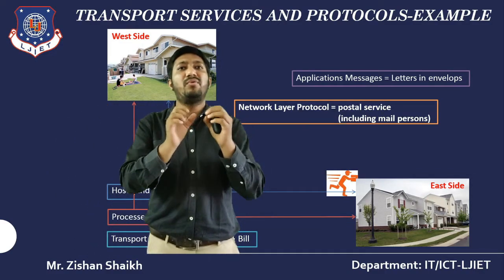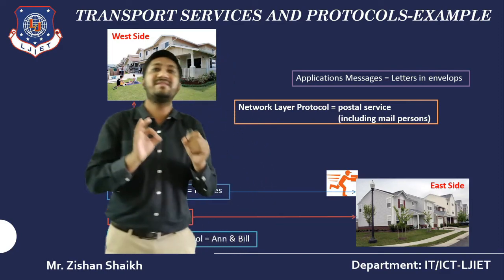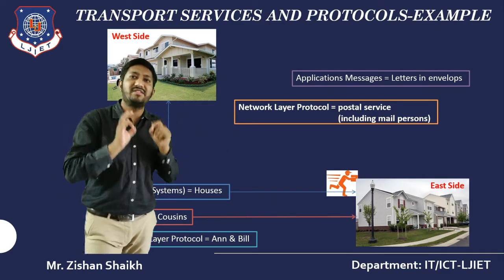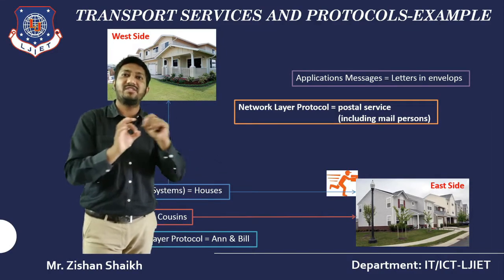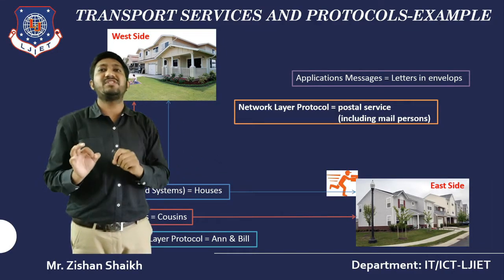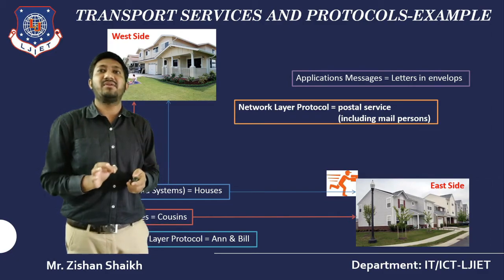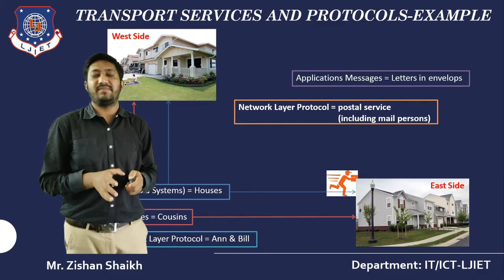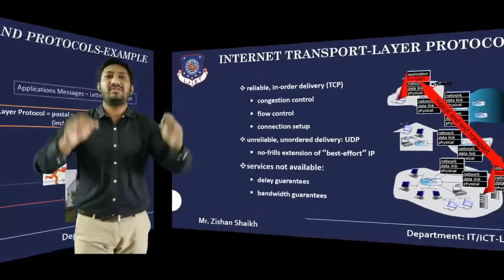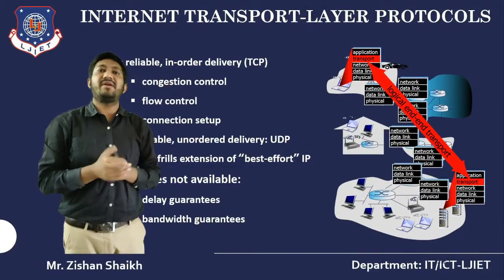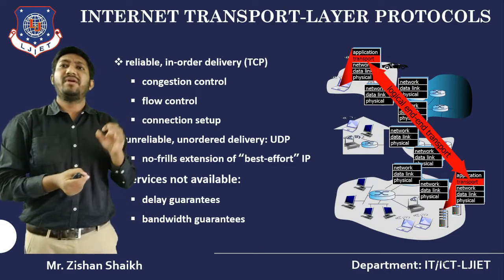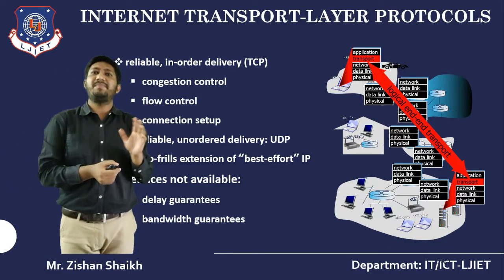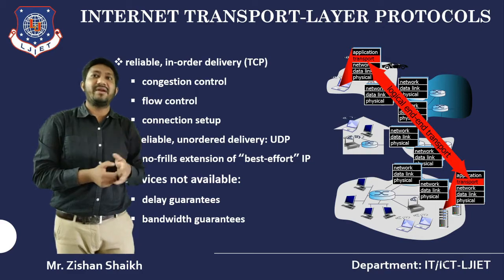But the transport layer is about which process is doing the work. Here, for example, a cousin transfers the data, that is the process we are performing here. That is known as the transport layer service. Now we are moving to the internet transport layer protocol services. When we are talking about TCP, TCP is all about reliable data transfer.